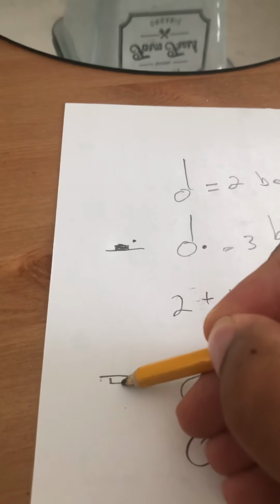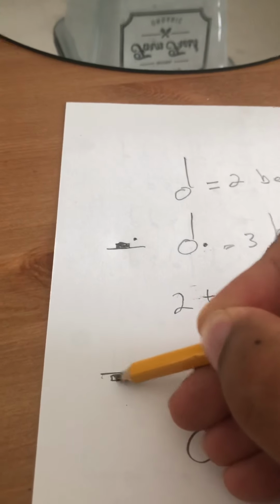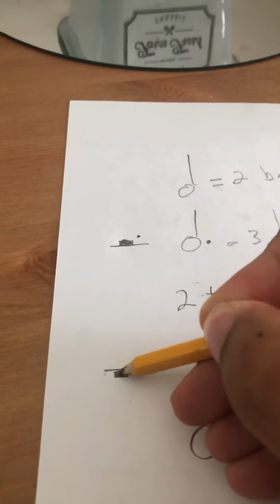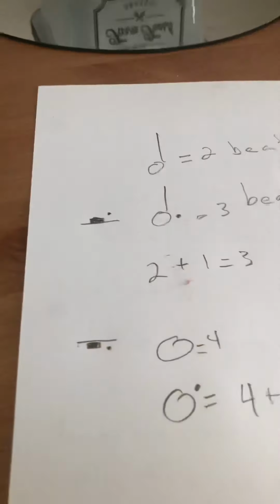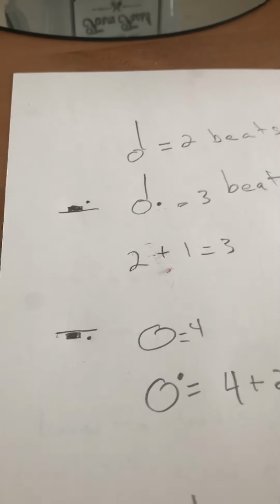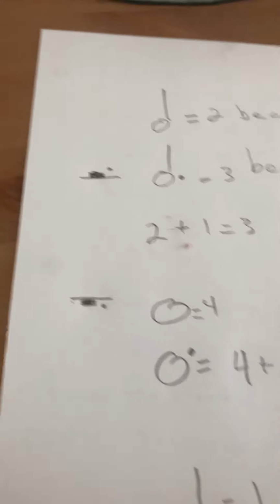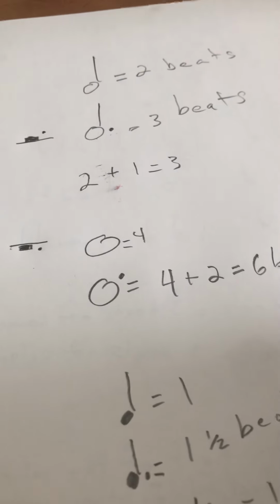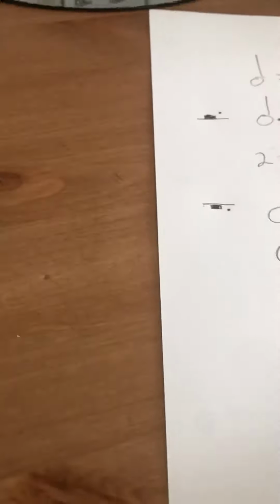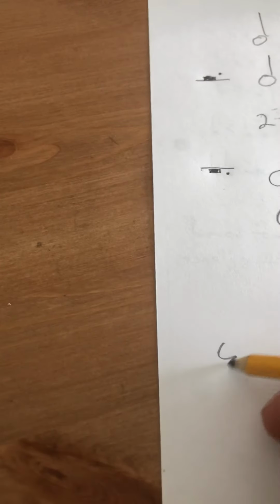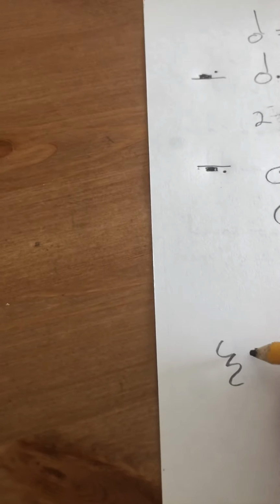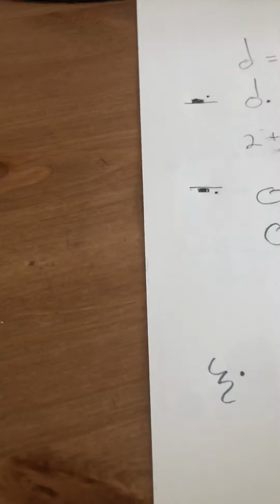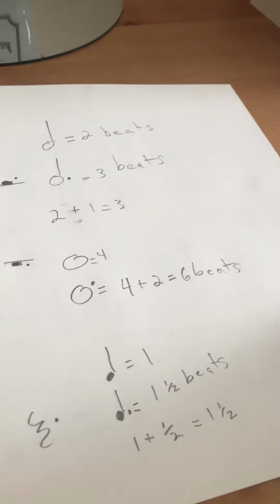Whole rest with the dot, 6 beats. 6 beats of silence. And then the quarter rest, 1.5 beats. So you see how it works? Cool.